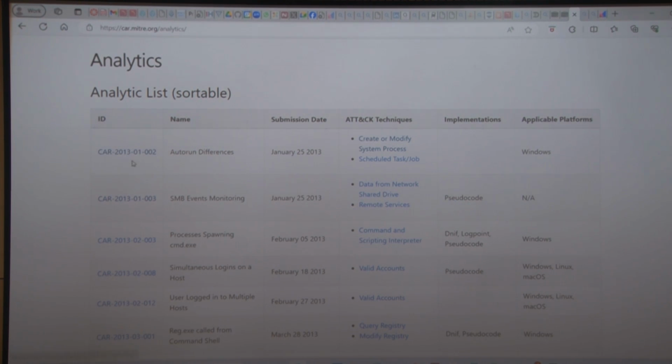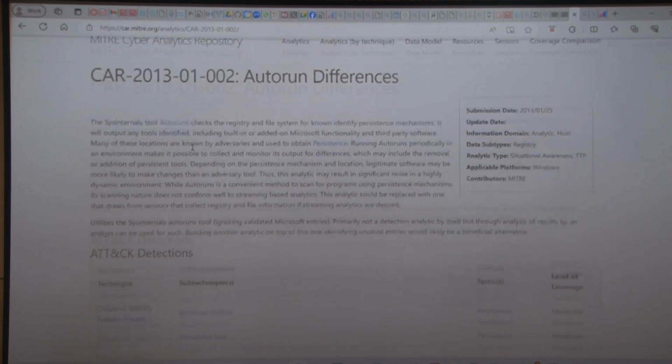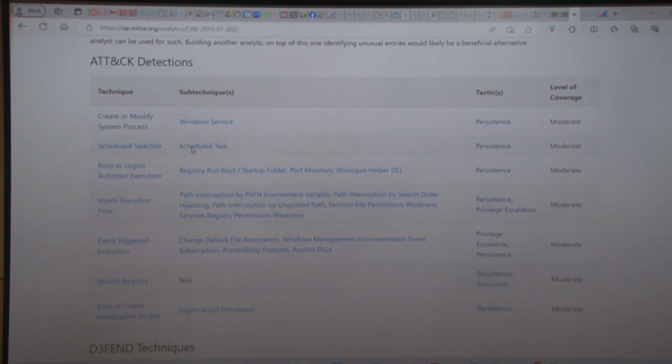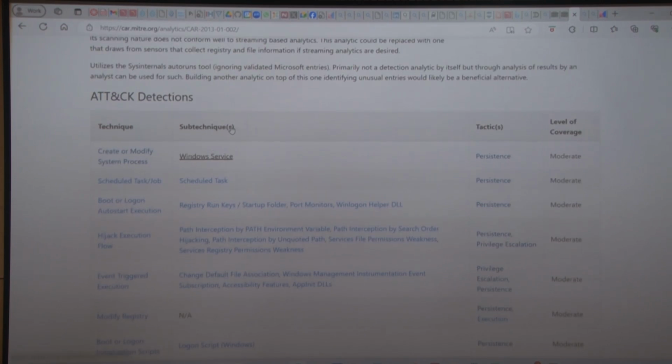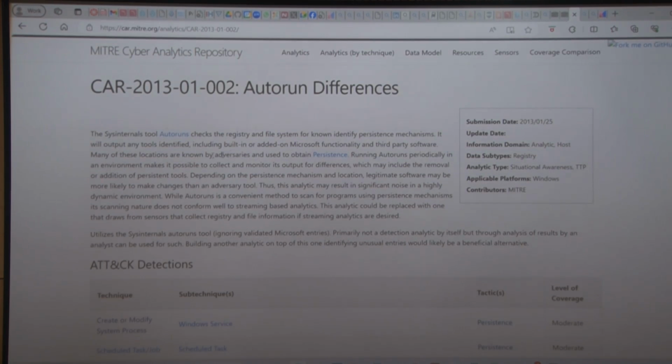This is what they call Autorun. Autorun basically detects whether somebody has created or modified a system process, or scheduled a task or a job, or login autostart execution, execution flow hijacking and all that stuff. So Autoruns is actually a software that you can download from Sysinternals.